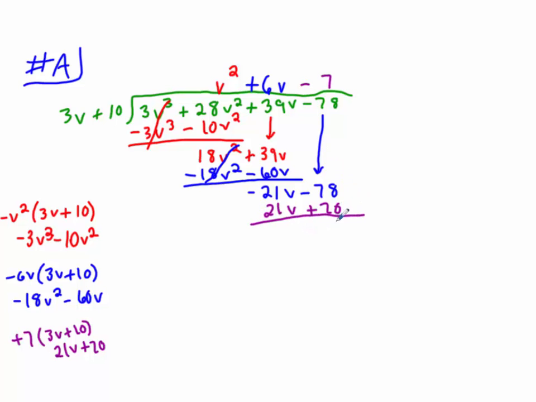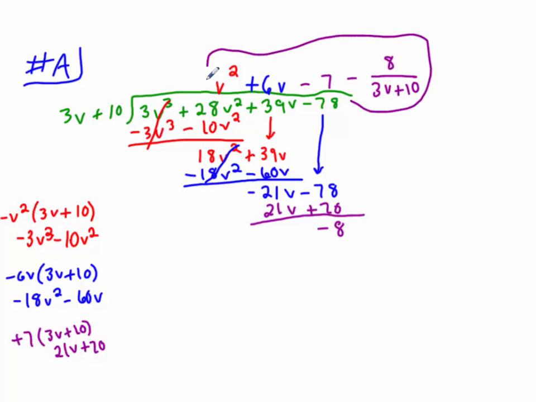Giving me a remainder here of negative 8. I know it's my remainder because I ran out of stuff up here, right? I've got v squared, v and a number, so this has to be my remainder. Minus 8 over what I divided by, 3v plus 10. This is my answer.